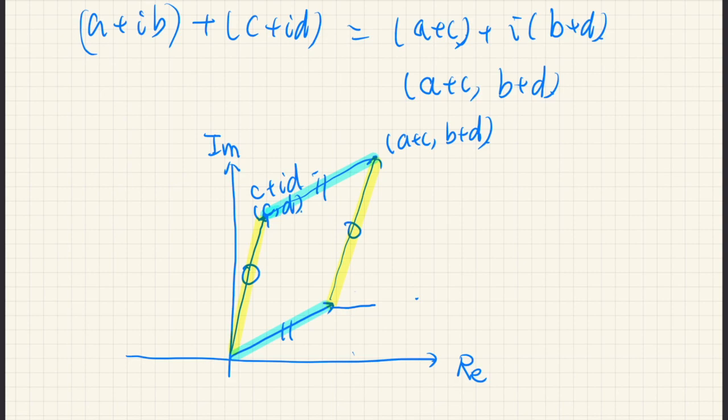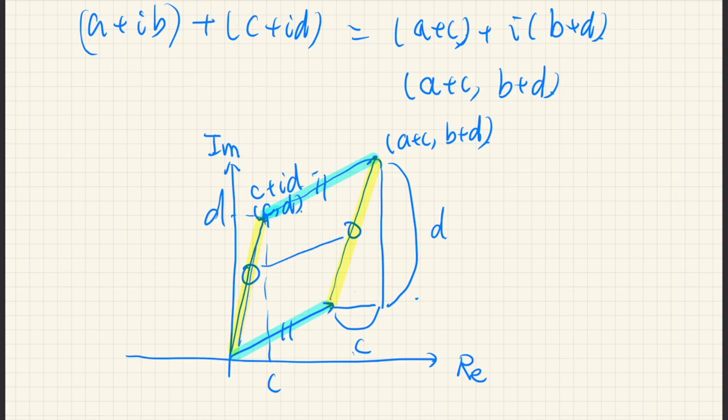This difference corresponds to c, and this difference corresponds to d, because this is c and this is d, right? So we just move this edge to this edge by translating in a parallel manner.